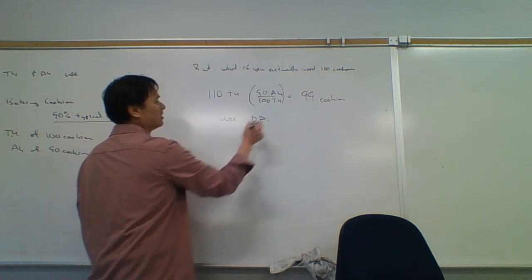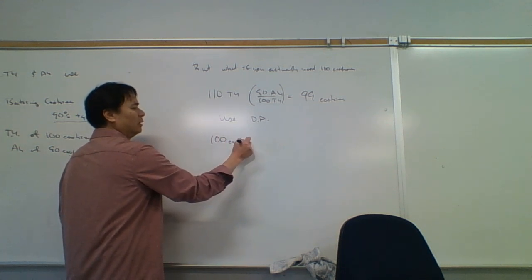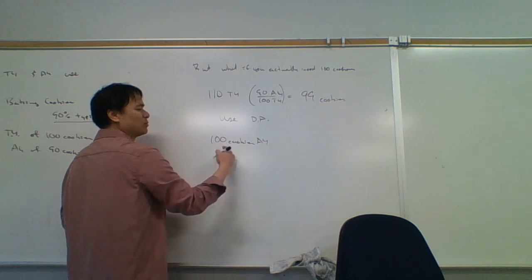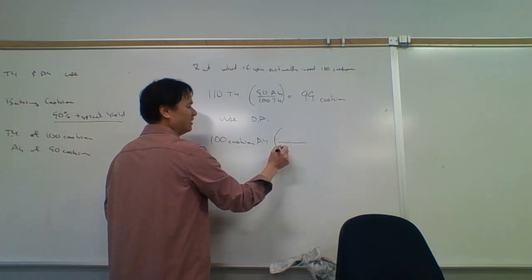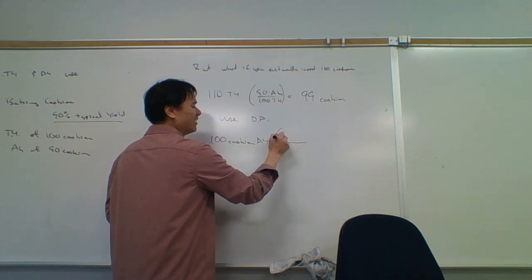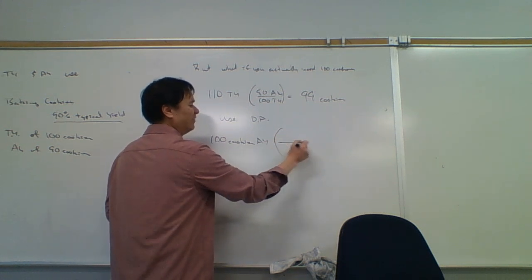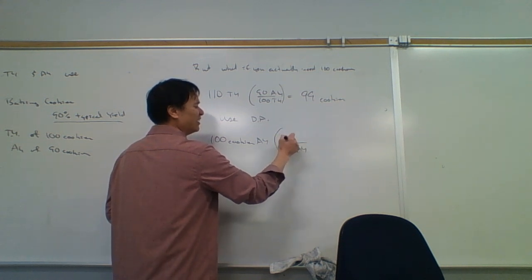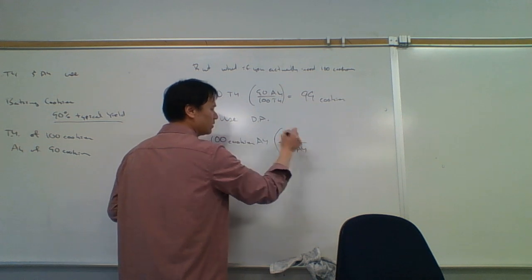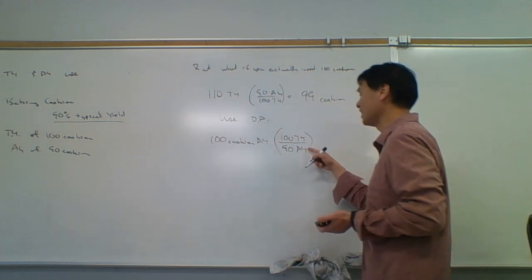dimensional analysis. So what we're going to do is go with 100 cookies. This is going to be our actual yield. That's what we want. And therefore, for every 90 cookies actual yield, I get 100 theoretical. Or in other words, for every 100 theoretical, I only get 90 actual.